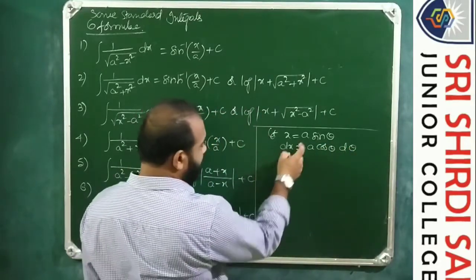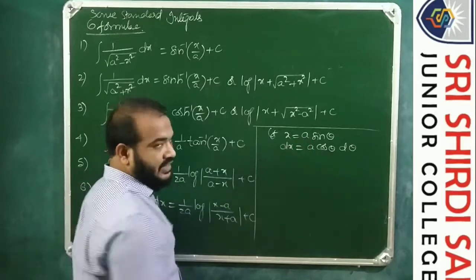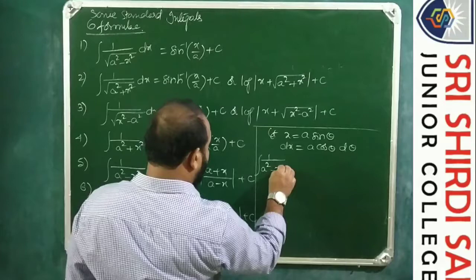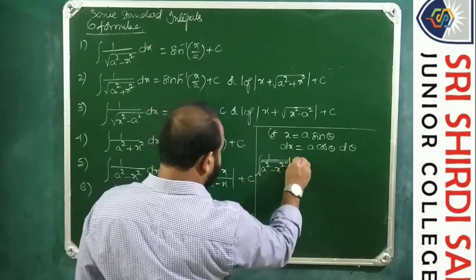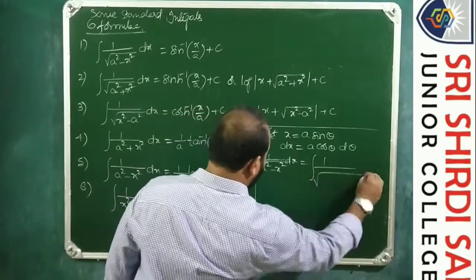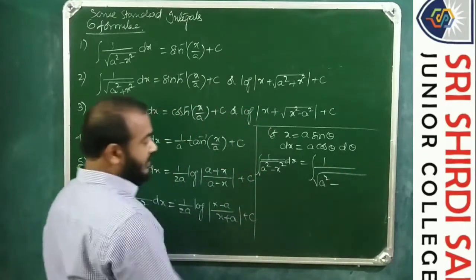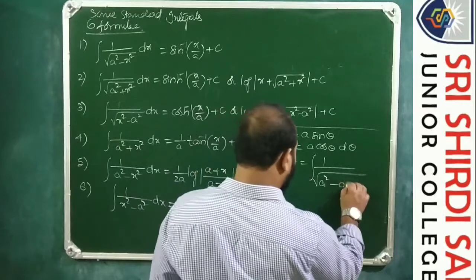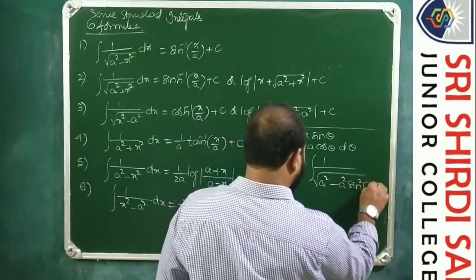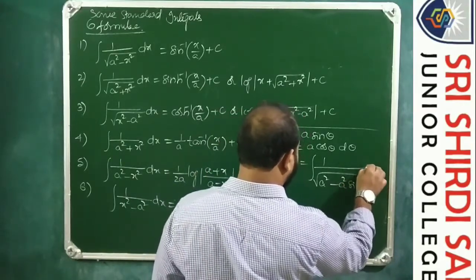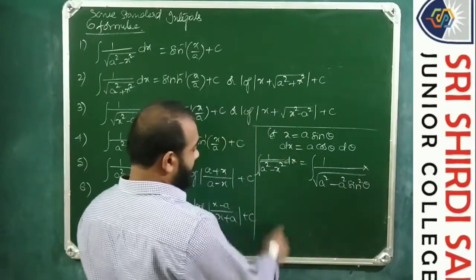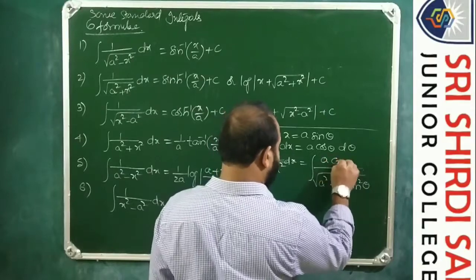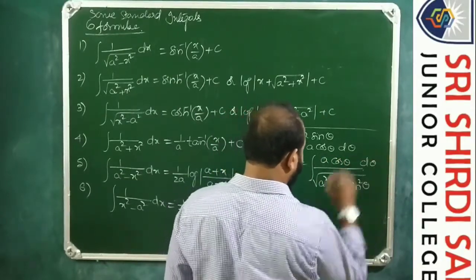Now substituting this into the given integral, we get 1 by square root of a square minus x square, where x is a sin theta, so x square is a square sin square theta, into dx, which is a cos theta d theta.